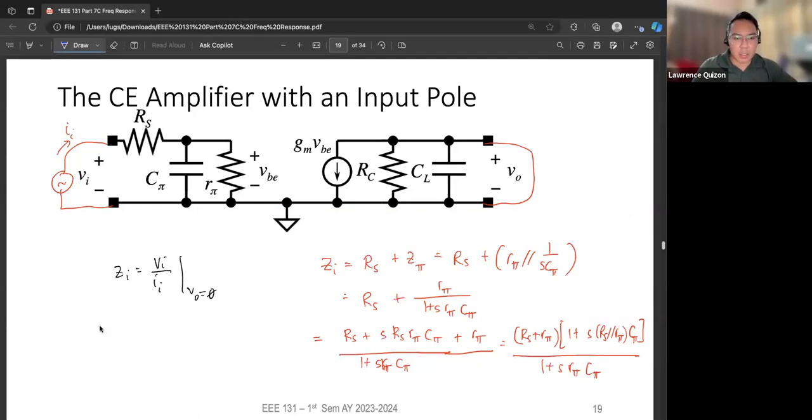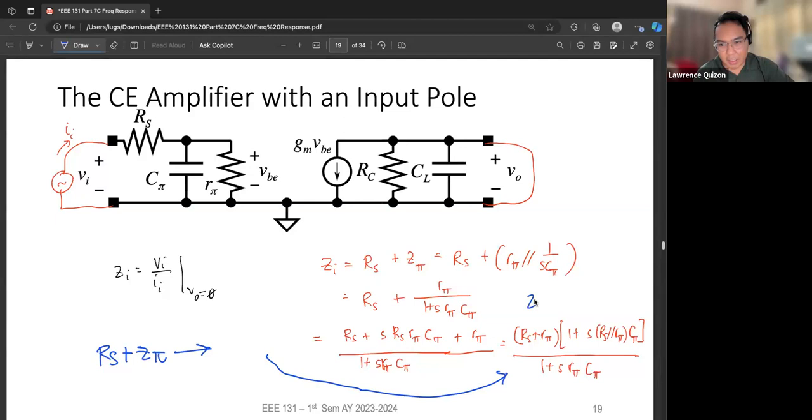It's just RS plus Z pi, and then we expand this to solve for the form that gives us basically a Z0, and it turns out that it gives us omega P1.